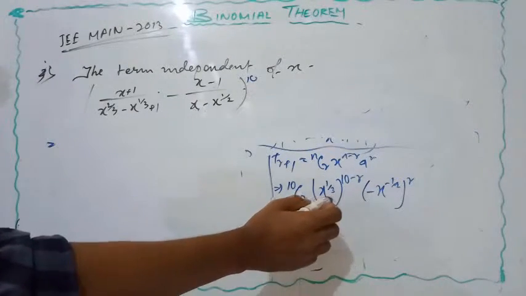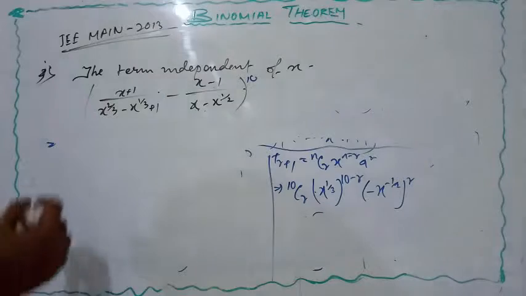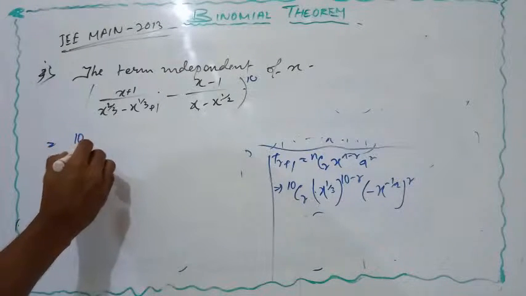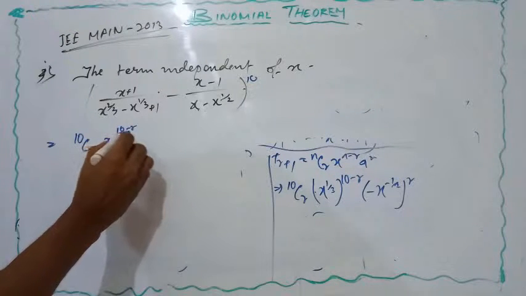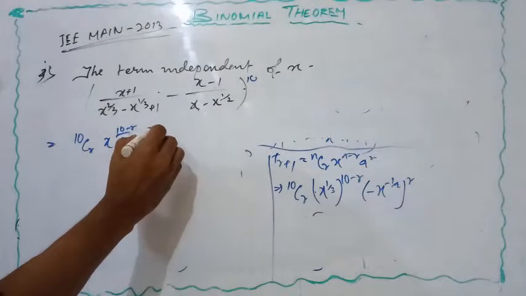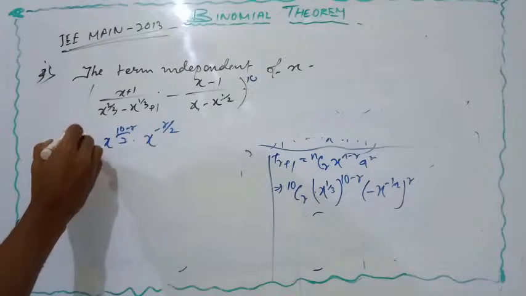Now if we equate the power of x to 0, then we will get the term which is independent of x. So the term we have got is 10Cr x to the power (10 minus r) by 3 into x to the power minus r by 2, and here minus 1 whole to the power r.